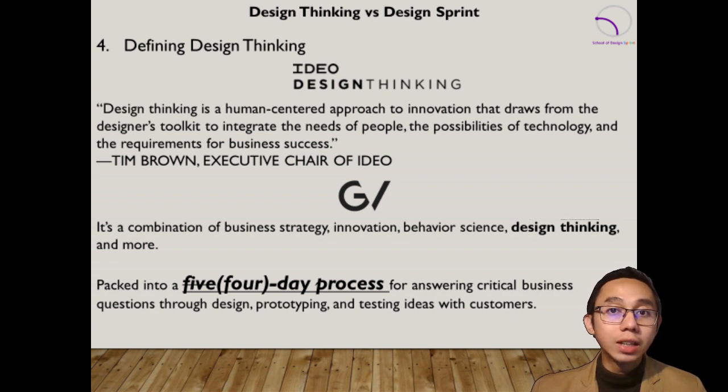If we just read the definition, it's a combination of business strategy, innovation, which is both their aim, behavior science, design thinking, and more. It is packed into a 4-day process. Again, I've made it 4-day because now it's 4-day, before it was 5, for answering critical business questions. Again, how? Through designing, prototyping, and testing ideas with customers.